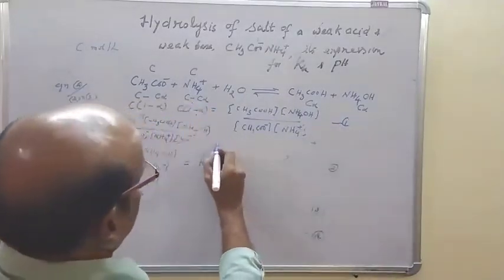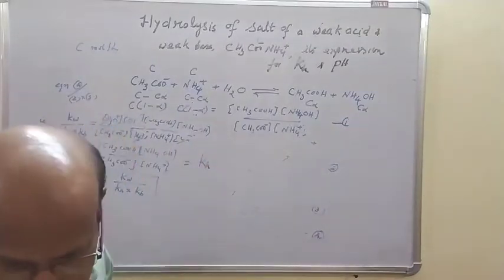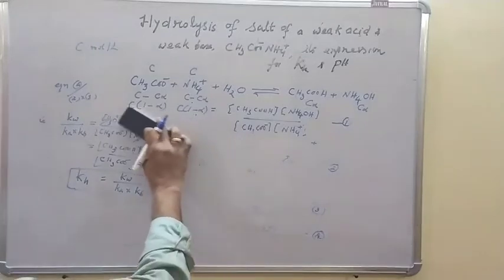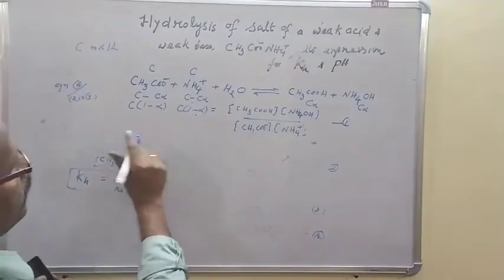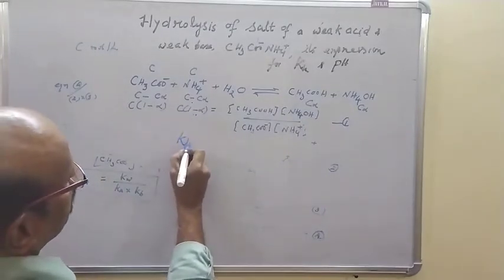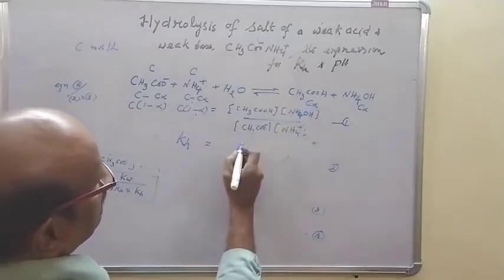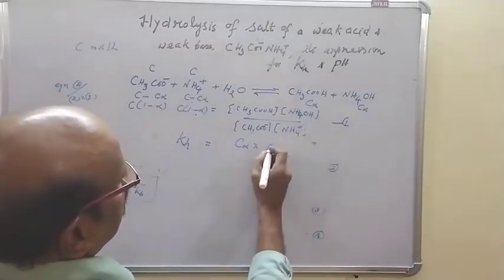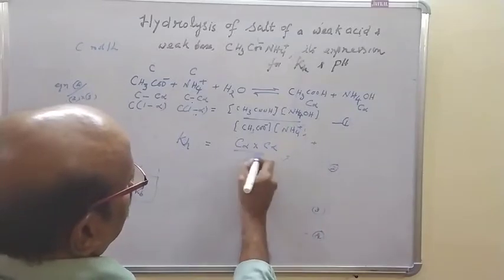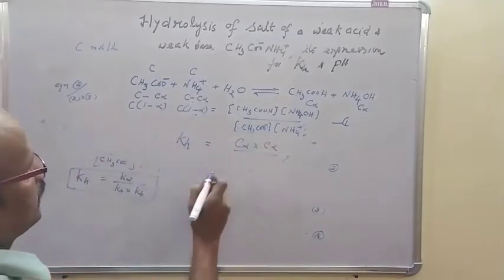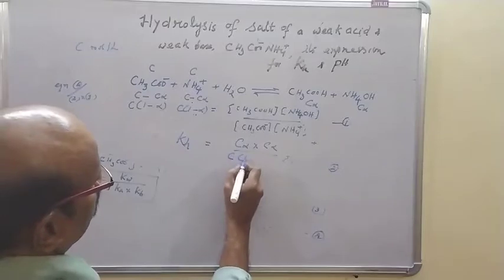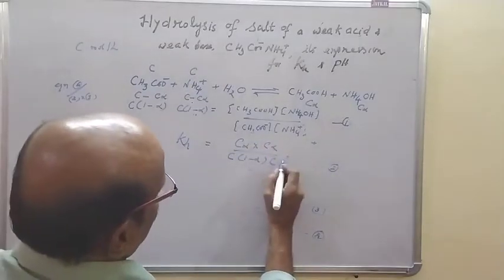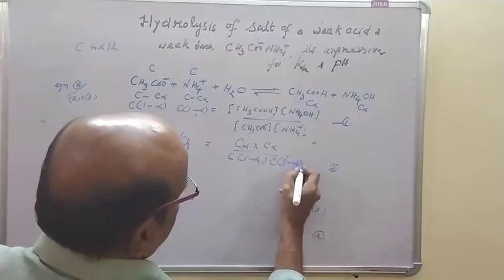So at equilibrium we have KH, the KH of the salt. KH equals acetic acid concentration C alpha into ammonium hydroxide concentration C alpha, divided by acetate ion concentration C into 1 minus alpha into ammonium ion concentration C into 1 minus alpha.